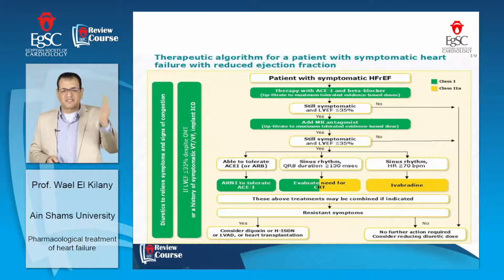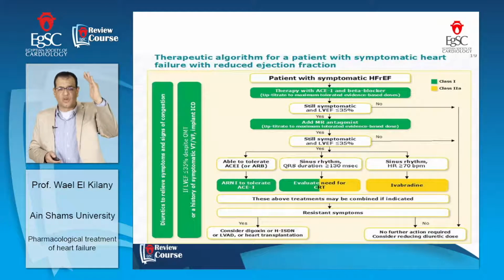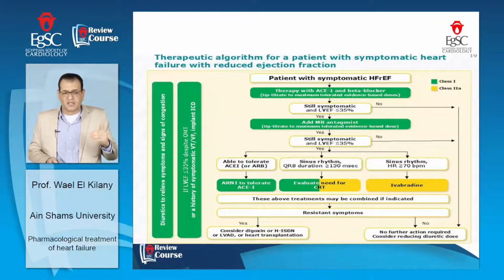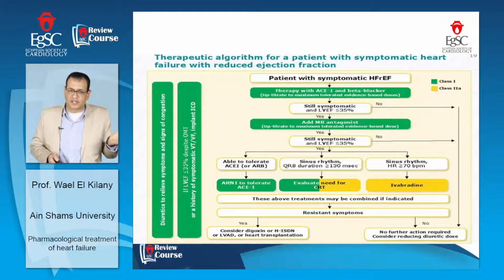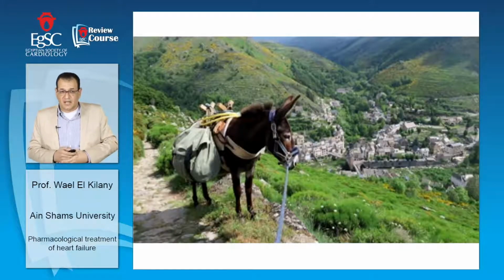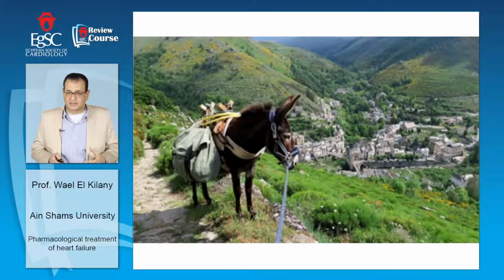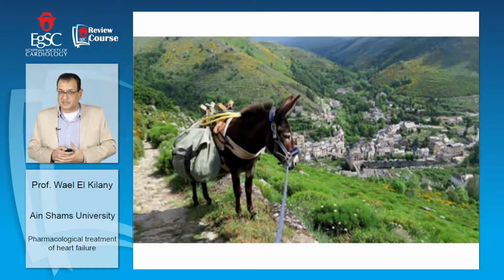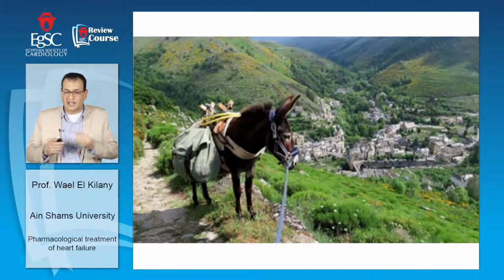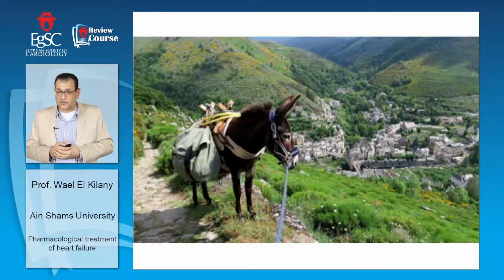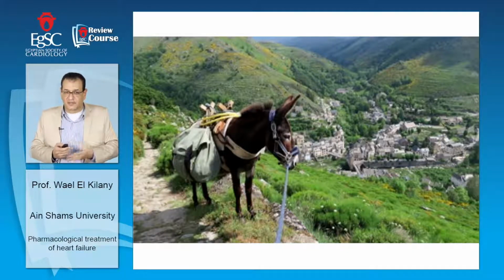Then if the patient still has resistant symptoms despite all the previous treatments, you should consider giving digoxin, nitrates, hydralazine, or omega-3. And finally, if you give all these medications in a good way and you know how to tailor your treatment for your patient, I think the donkey will be able to go uphill and do the job. Thank you.